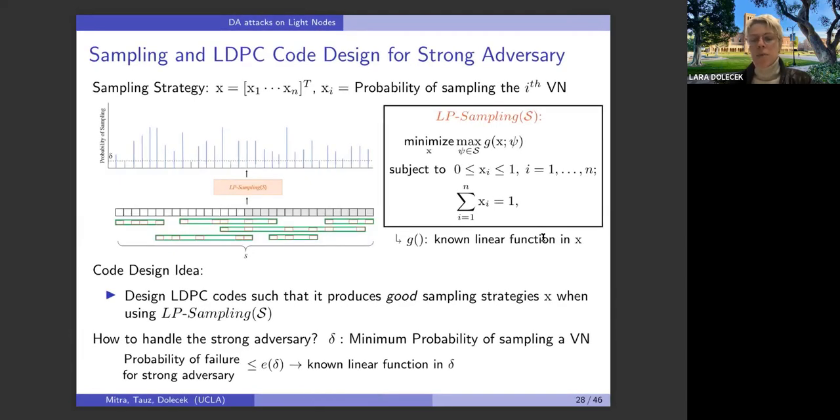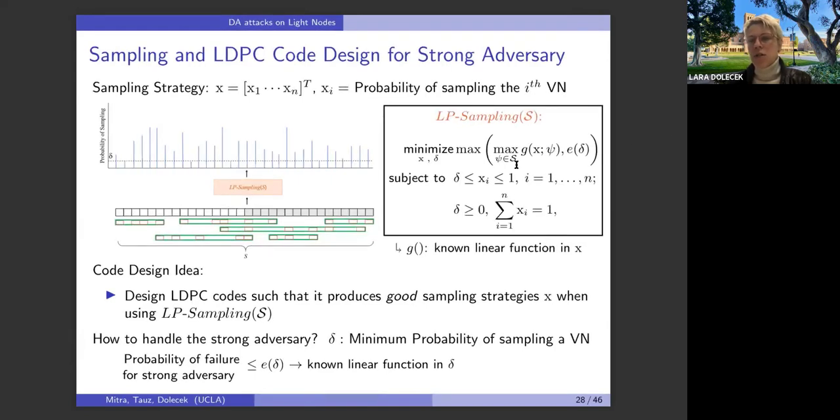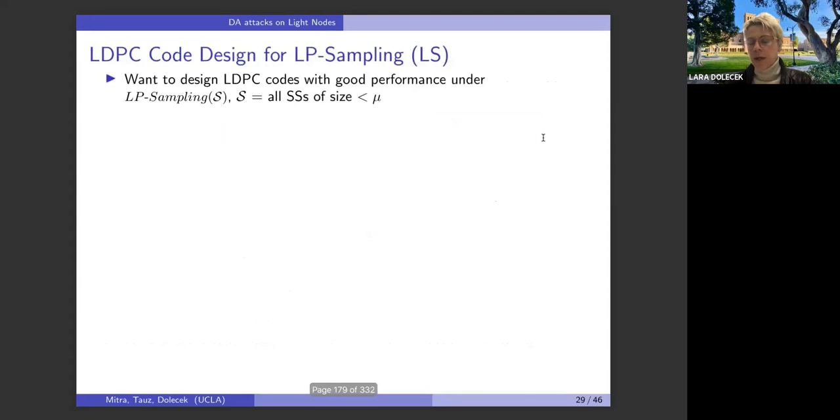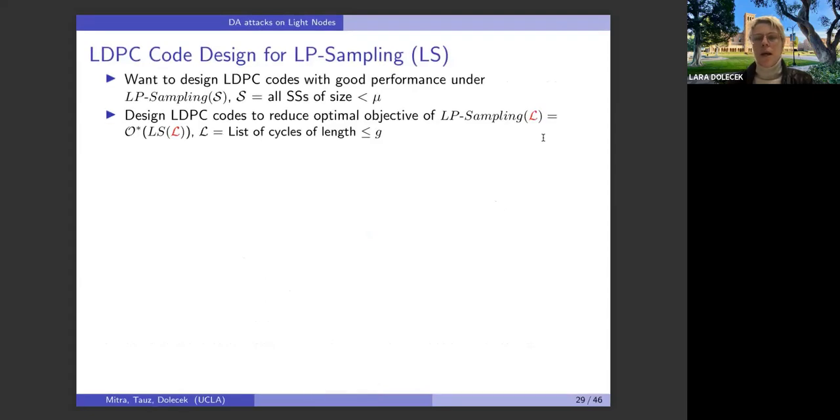And so for this probability of failure for a strong adversary, what really changes is this function that sits inside of this min-max sampling here. So to deal with the strong adversary, we build on the case of the medium adversary.